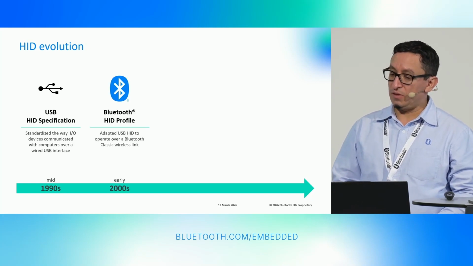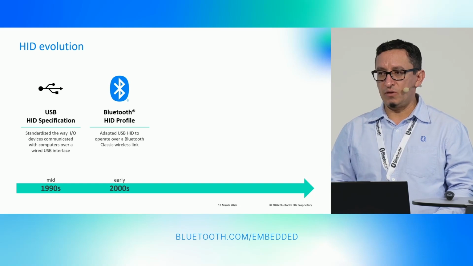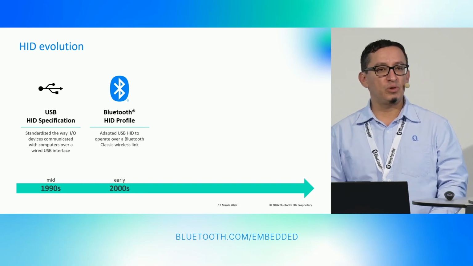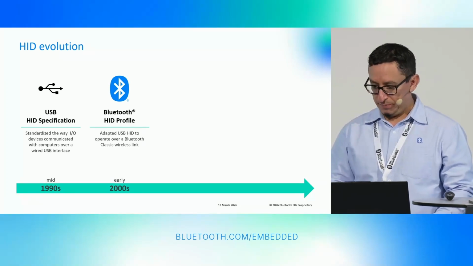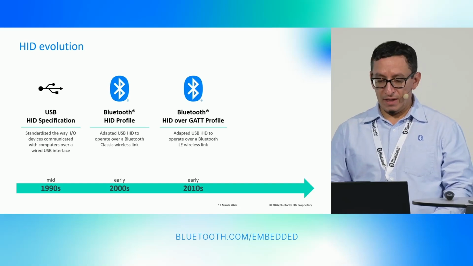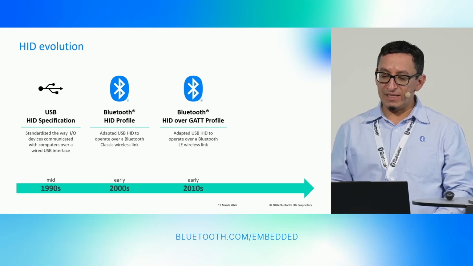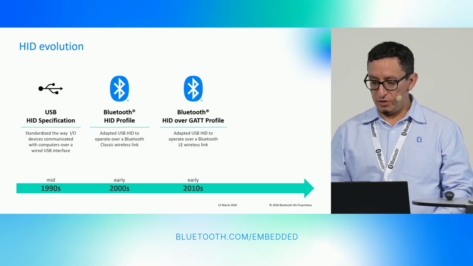Then, in the early 2000s, the Bluetooth HID profile adapted USB HID to operate over a Bluetooth Classic wireless link. Then, in the early 2010s, the Bluetooth HID over GATT profile was adapted, but this time to operate over a Bluetooth Low Energy wireless link.